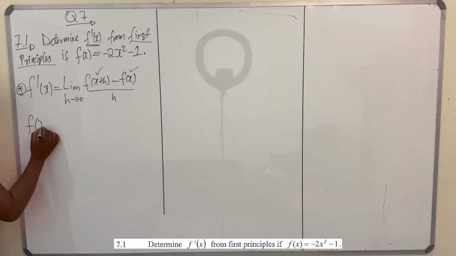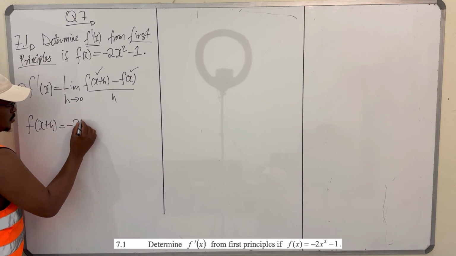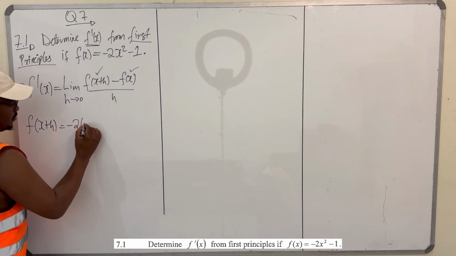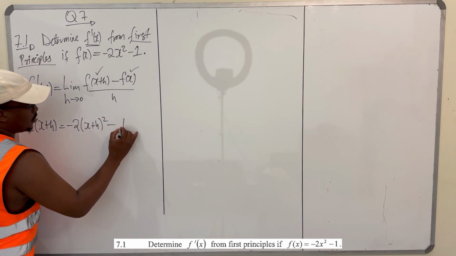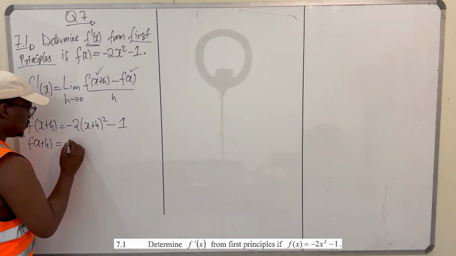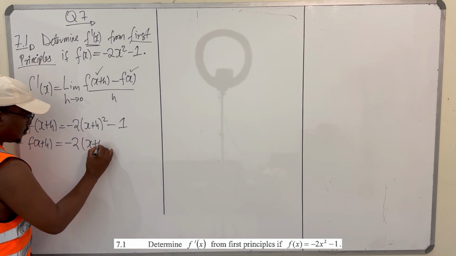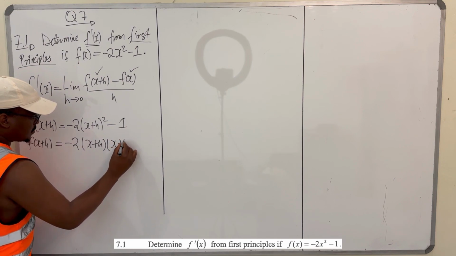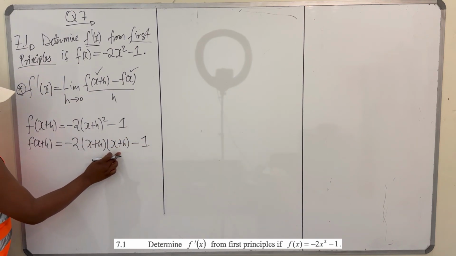So f of x plus h is equal to what? Negative 2 bracket, then we have x plus h all squared, minus 1. Right? What do we do next? Okay, f of x plus h is equal to minus 2 into multiply these two brackets out, x plus h and x plus h. So there's two of them.